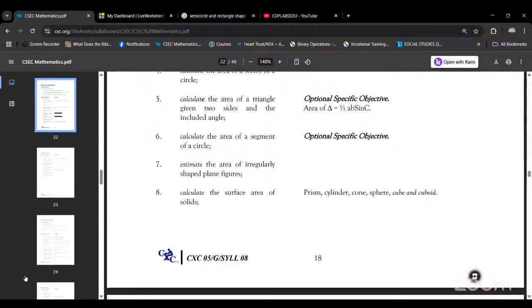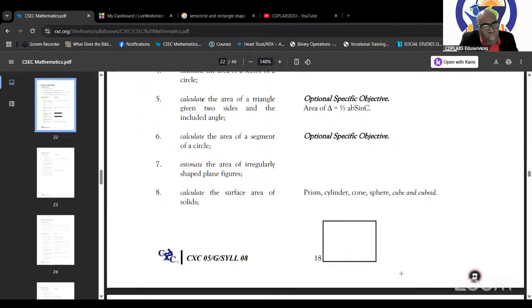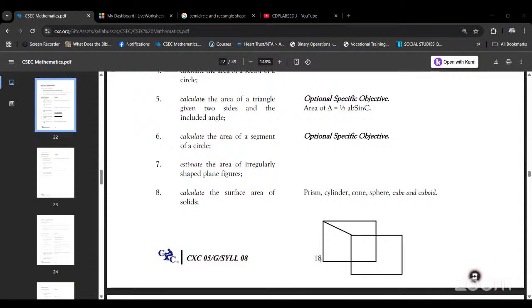How would you go about finding the surface area of a prism? You say you know what it looks like, so how would you go about doing it? What is it? Then we don't do length times width times height.